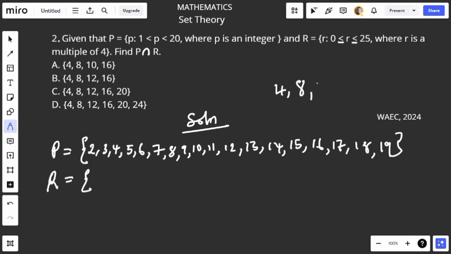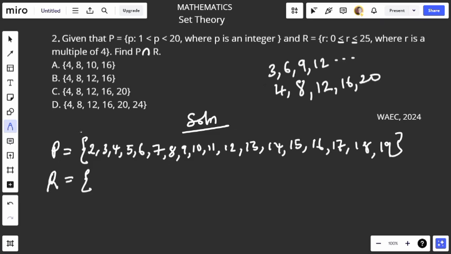The next multiple of 4 is 12, then 16, 20. Take for instance, multiples of 3: 3 is a multiple of itself. The next one will be 6, then 9, then 12. So that's what we mean.